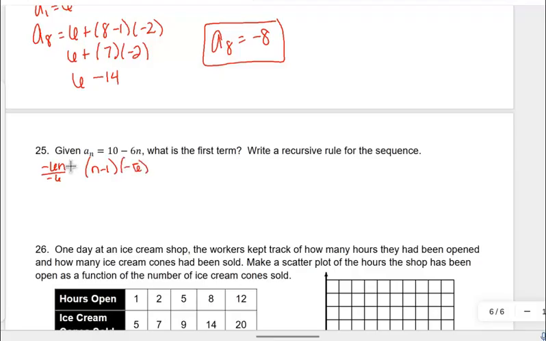So if I multiplied negative 1 times negative 6, that's a plus 6. So that means my first term would have to be 4. So then my recursive formula would be a1 equals 4. And then a sub n equals a sub n minus 1 minus 6.